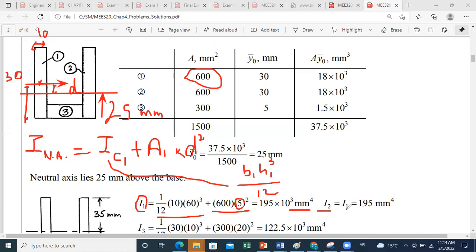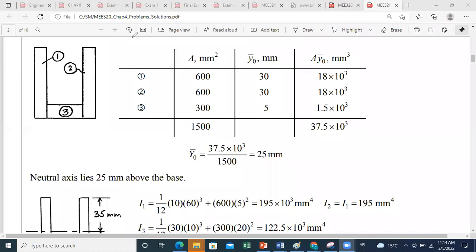The inertia of part 1 is equal to 195 millimeter to the power 4. Okay. So now, in the next step, let us find the inertia values for the other surfaces, area 2 and 3. And for 3, you can directly say, because of symmetry, 1 and 3, here they called them 1 and 2, and 3 is this area.